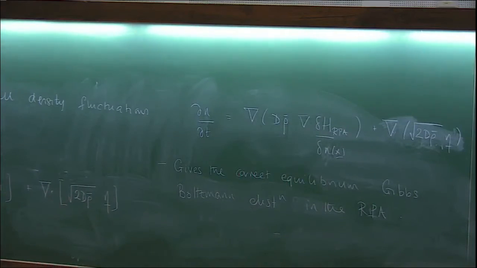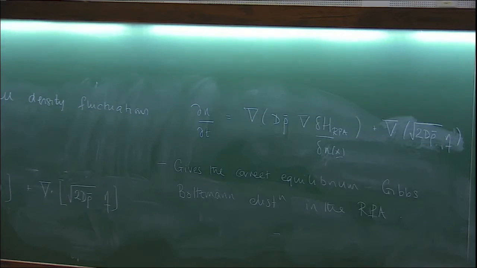So this is what I said earlier. Often, if you look at things like fluctuating hydrodynamics, there are lots of theories where you do a sort of mechanical calculation which implies the system is at 0 temperature. I'm ignoring the noise.